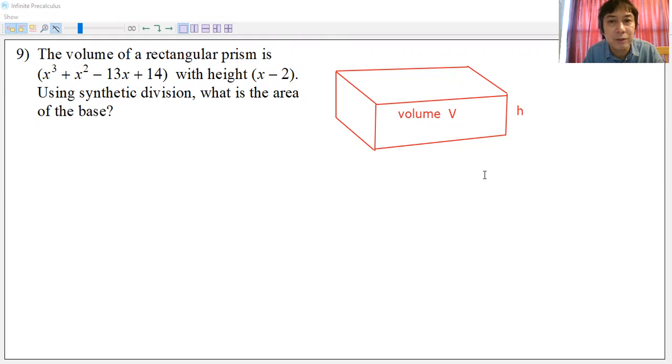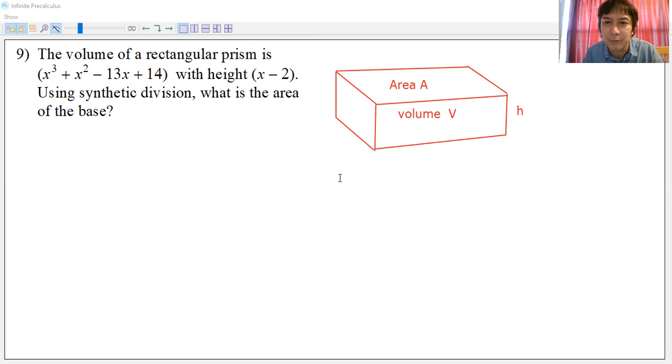Now, the height is over there, the height H. Where's the area? The area is the bottom face, or the top. So that will be the area part, it's over here. So the area times the height is the volume.